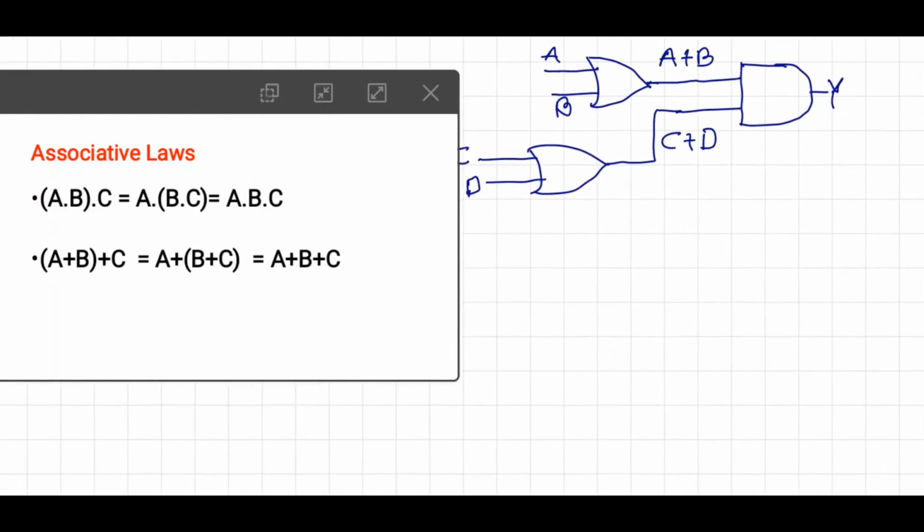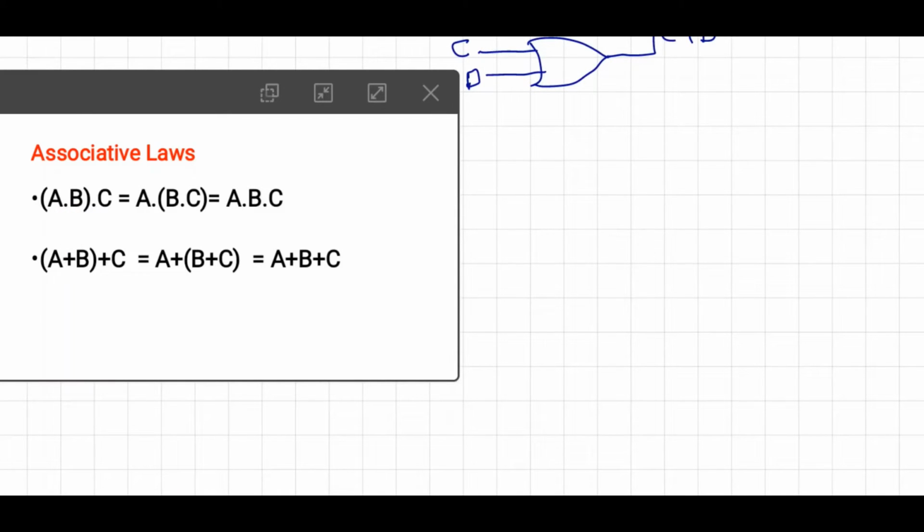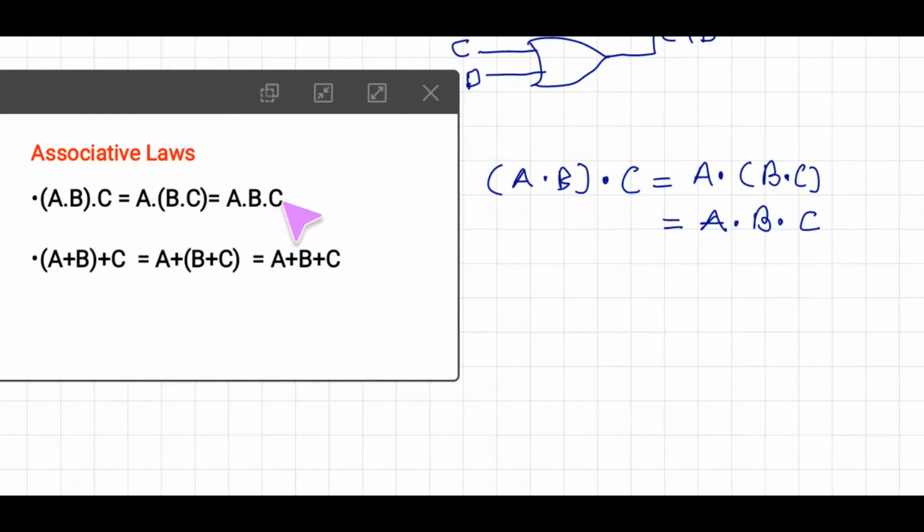Here you see (A and B) in brackets, ANDed with C. According to the Boolean algebra associative law, this is exactly equal to A and (B and C), which is also equal to A and B and C. All these terms give the same result. This is the associative law associated with the ANDing operation.